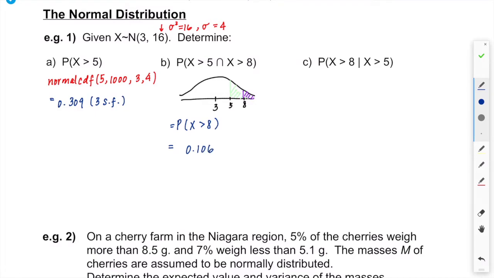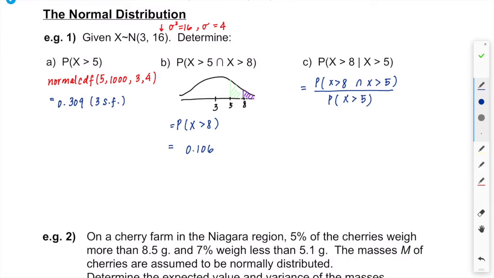Part C. Now we are interested in finding the probability of x greater than 8 given that x is greater than 5. So we are revisiting conditional probability. Recall that conditional probability is calculated by dividing the intersection of the two events we are mentioning over the probability of now your restricted sample space or your condition, in this case x greater than 5.